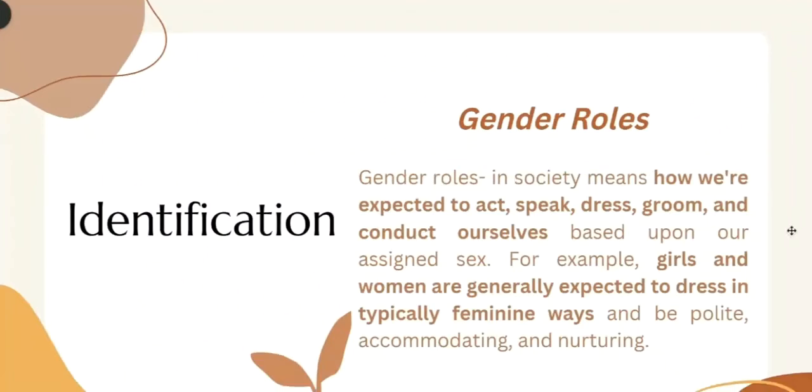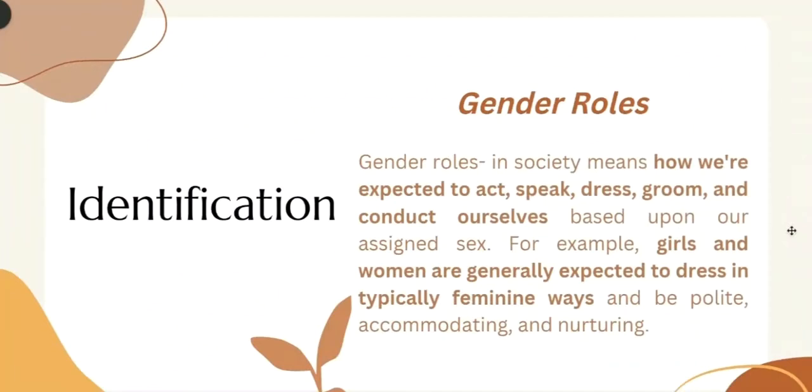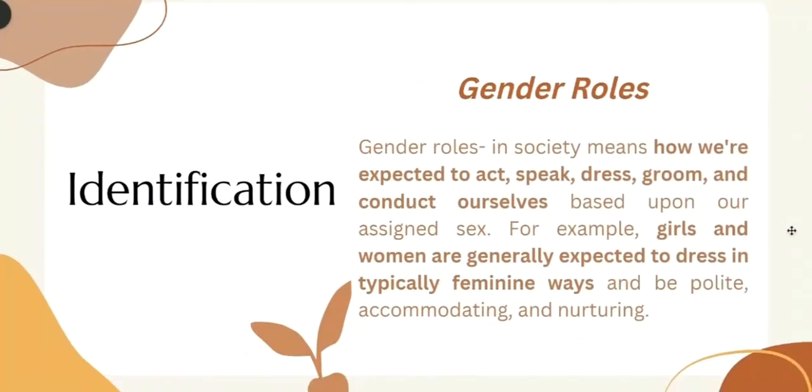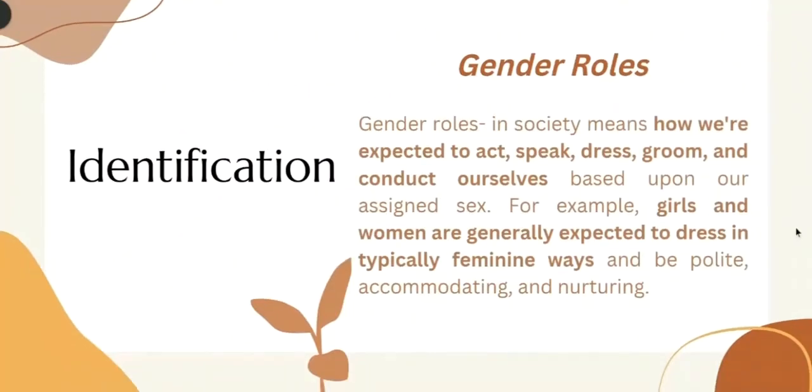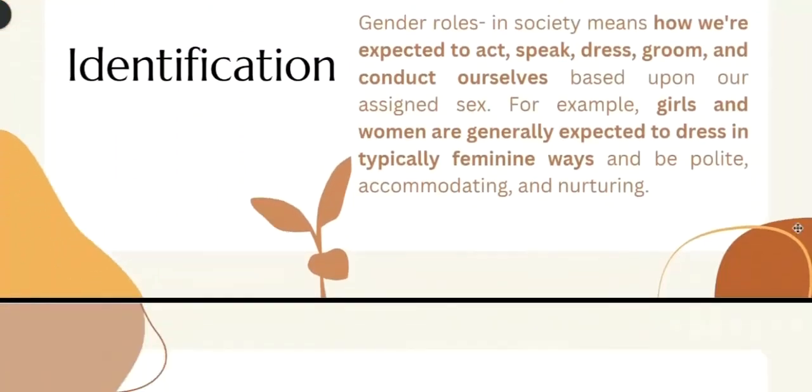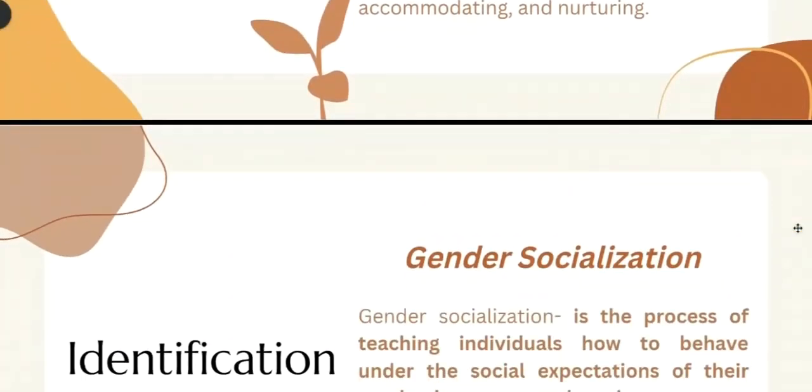So this is their typical feminine ways, and they are often polite, accommodating, and nurturing. That's how they call themselves. You can be called a woman if you are polite, accommodating, and nurturing. This is really what gender roles mean in our society.